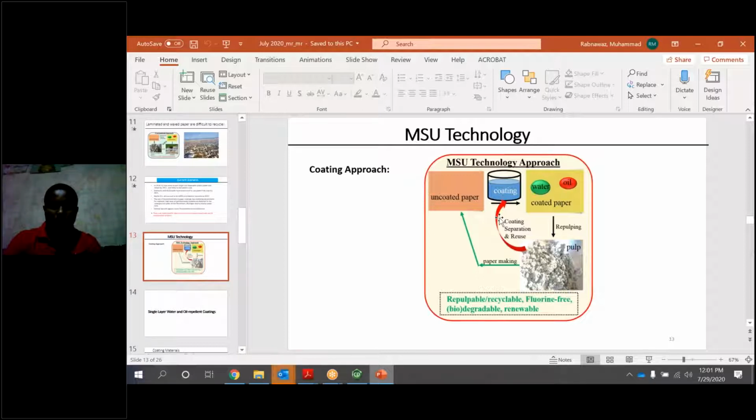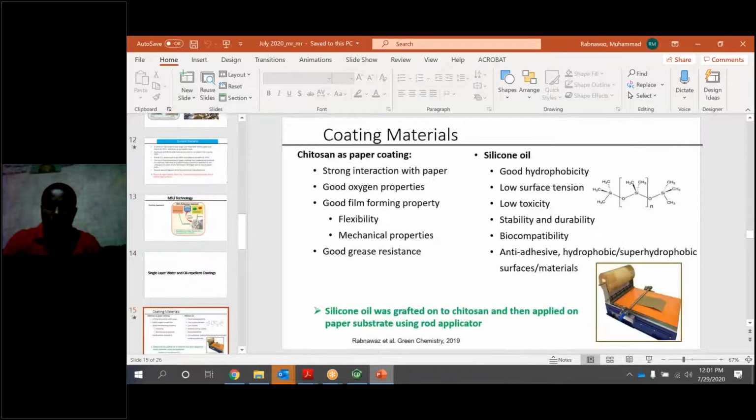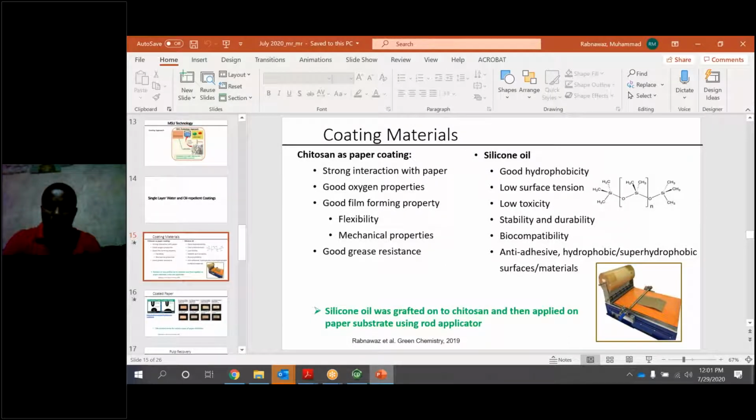That was the whole philosophy of this work. So we started our work with single layer water and oil repellent coatings, right? We started with silicone oil and chitosan. What we did, we grafted silicone oil onto chitosan, and then we applied that coating on paper substrates.